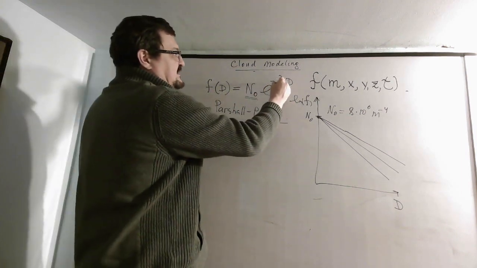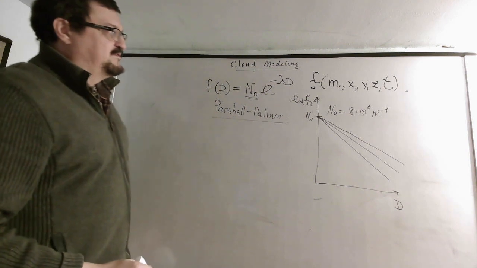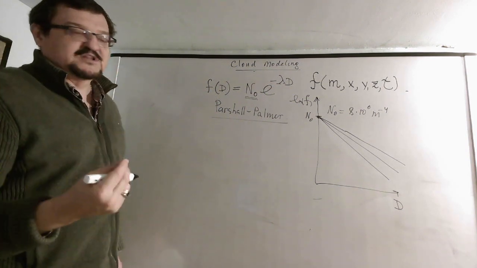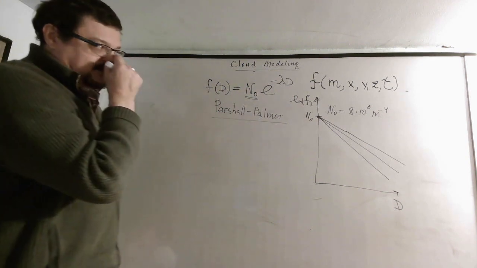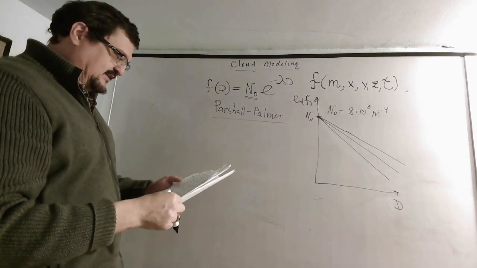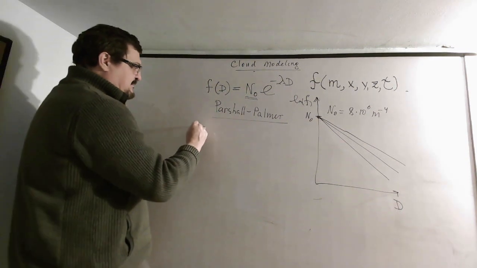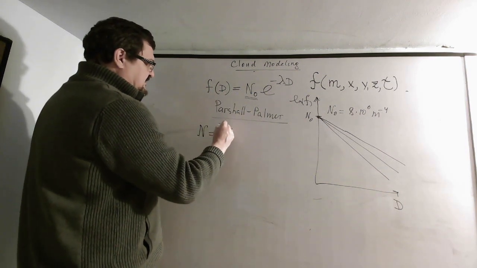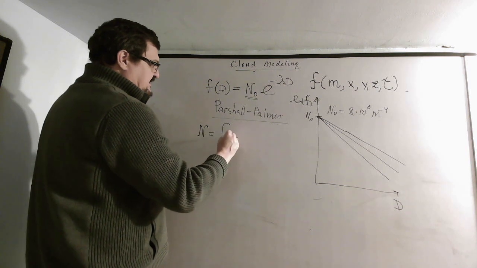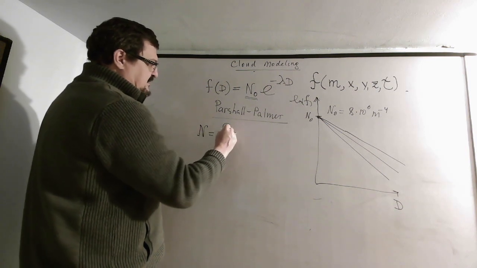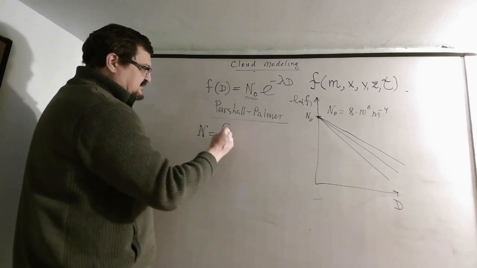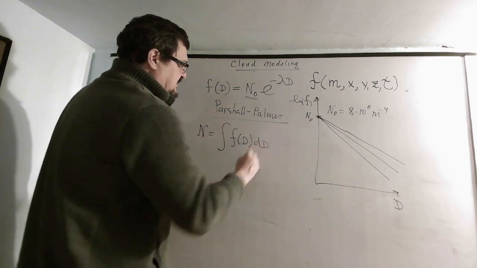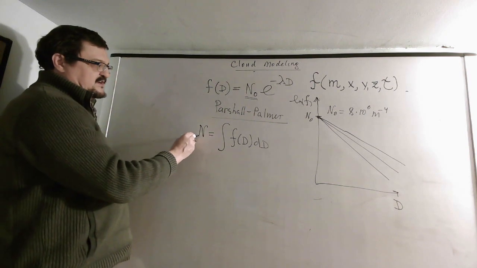And now lambda can be found for specific moments that you have, from the total moment if you know n naught. First of all, you know concentration. You can obtain concentration by just taking this distribution and integrating f of d dd, and this produces your concentration.